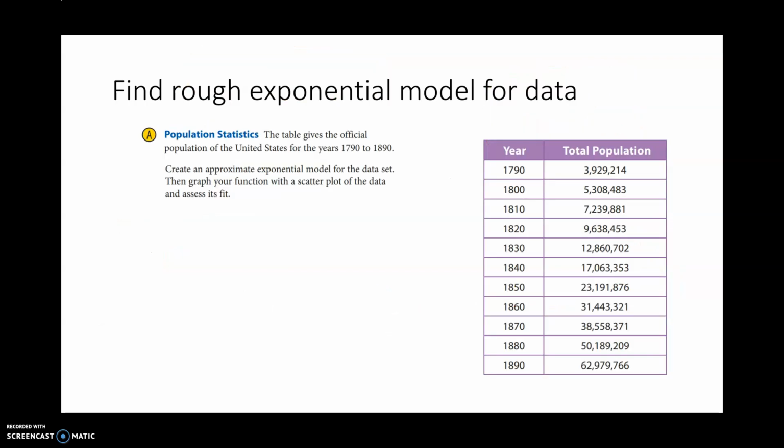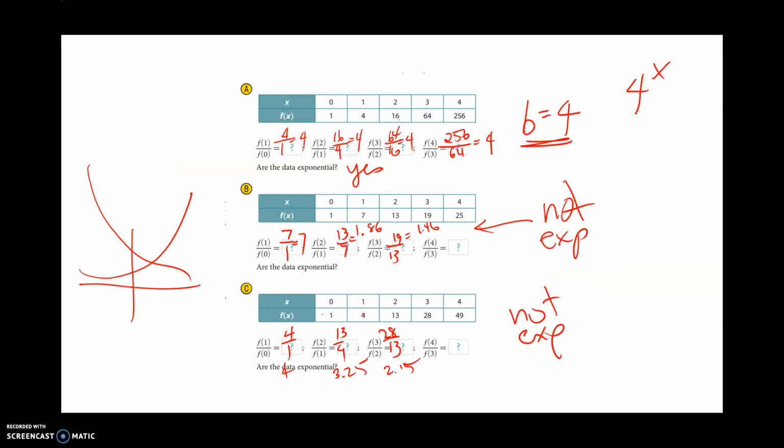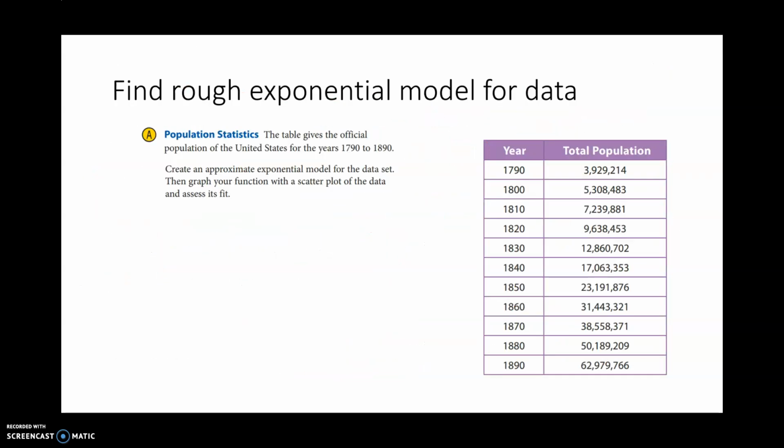All right, so we're going to work through some examples. If we want to find a rough exponential model for the data they're giving us, we're going to use the method we used before, where we compare f of x divided by the one in front of it. I've already done it: if I divide this by this, I get 1.35.